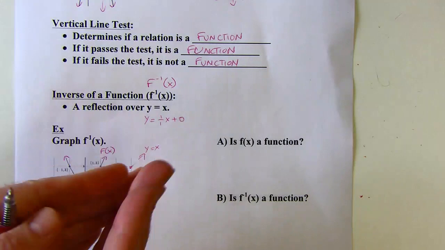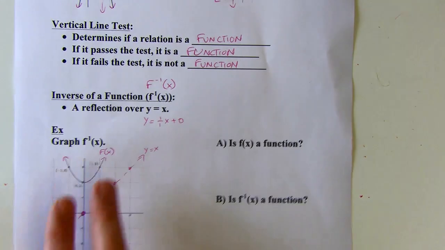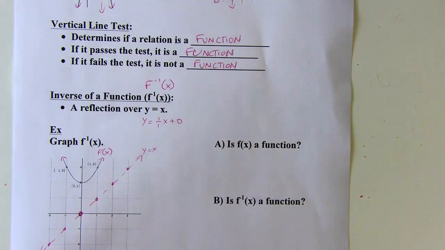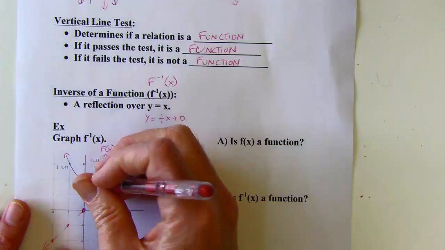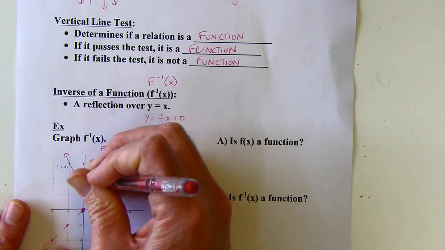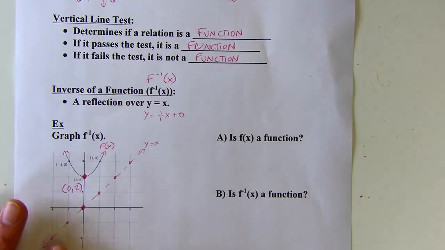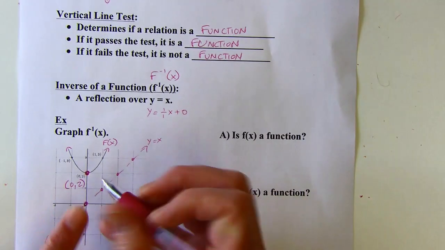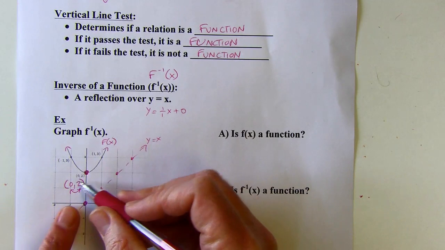If you think about folding the paper in half over this line, and if the parabola were painted in wet paint, it would leave another parabola over here, kind of opening to the right, okay? But a nice way to do this is by using the xy pairs. This is printed really small, but that's the point (0, 2). If you're reflecting over y equals x, you can just switch the order. So this point reflected over y equals x is going to be (2, 0).